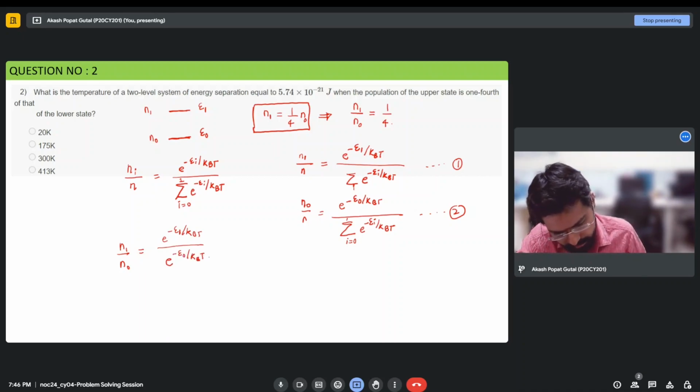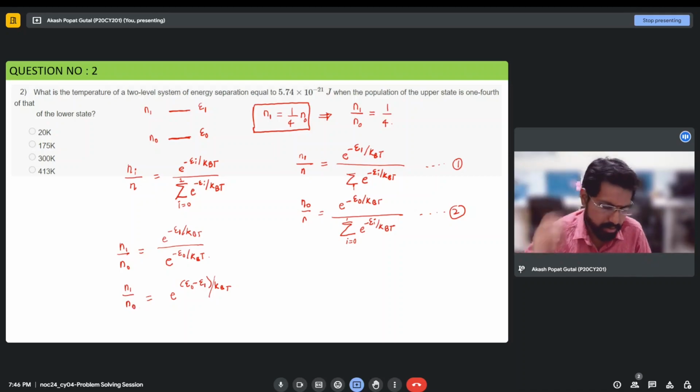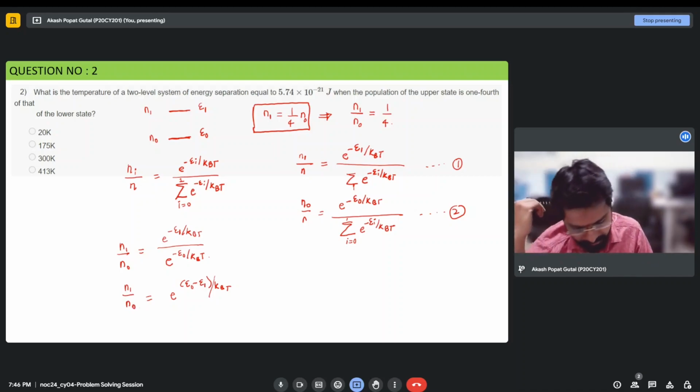If we do it, this will reduce to e raised to minus (epsilon 1 minus epsilon naught) by kBT. Look, this is N1 by N naught.